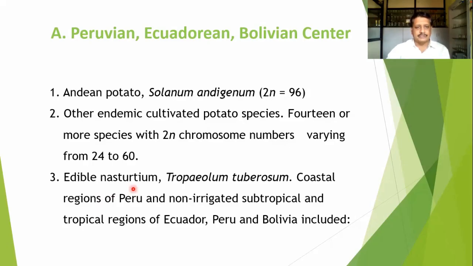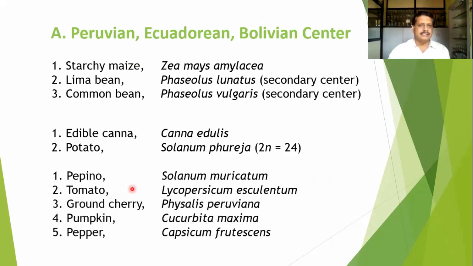Particularly the potatoes and the Solanum indigenum are species which are grown in those regions, and the edible nasturtium is also growing in those regions. These are some of the common plants, particularly maize.